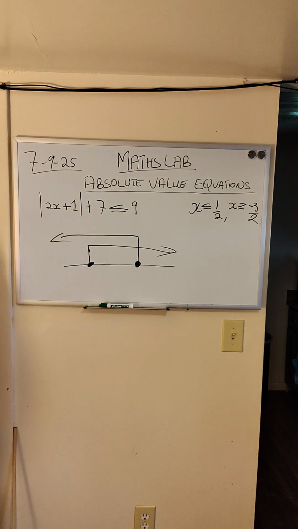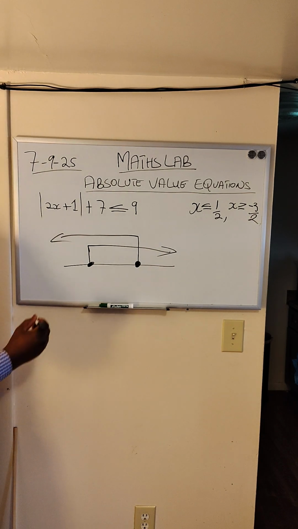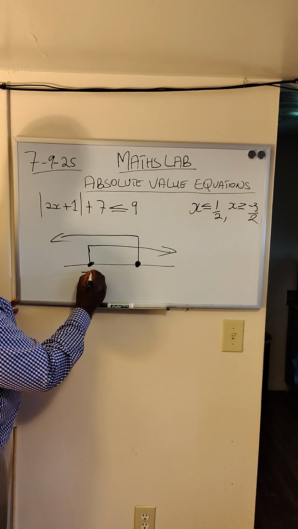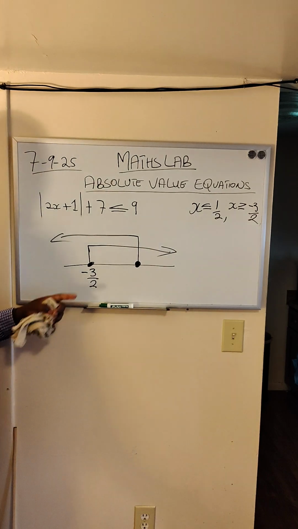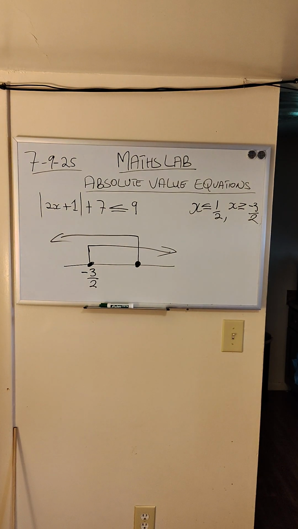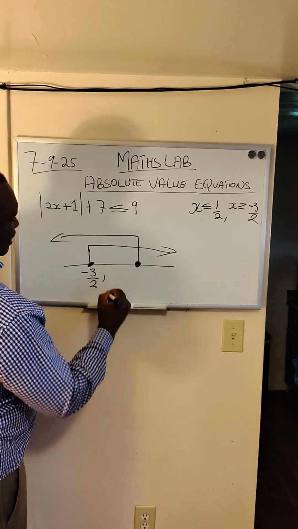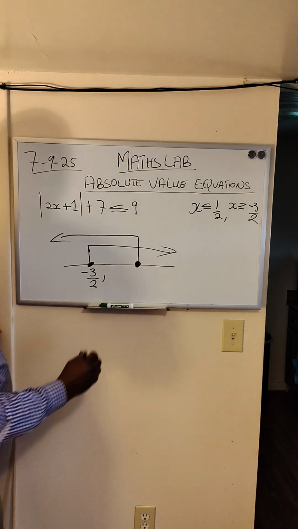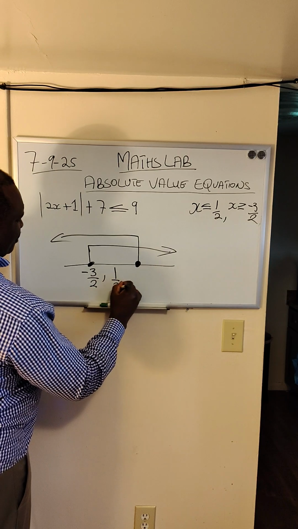This part right here is going to be our -3 over 2, whereas the right side is going to be 1 over 2.